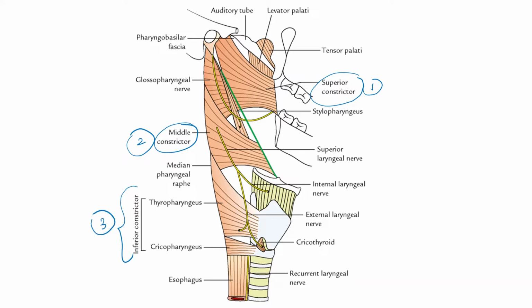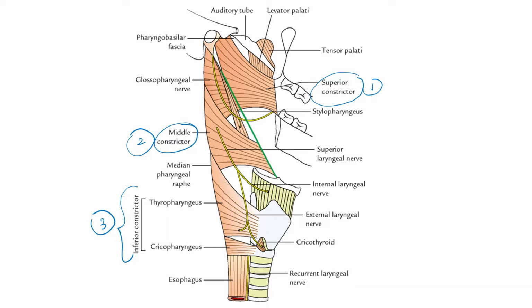These are the circular layer of muscles. All these constrictor muscles are arranged circularly around the wall of the pharyngeal tube and they have a common insertion behind in the median fibrous raphe.